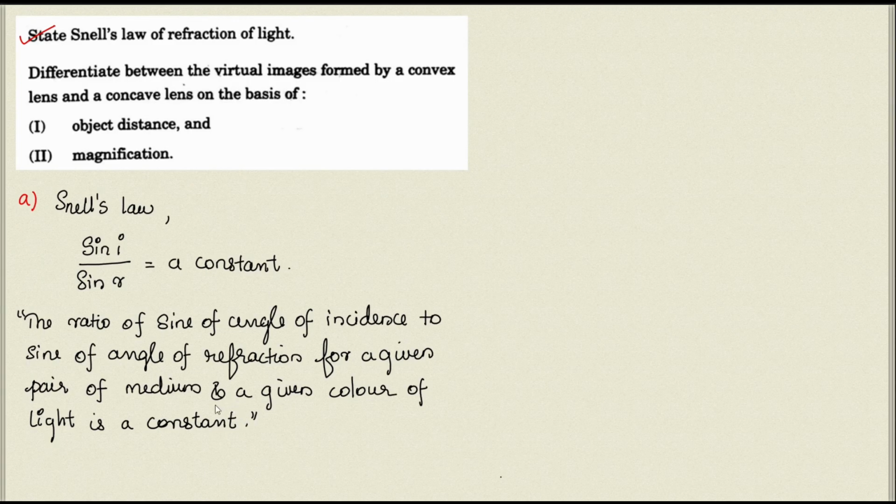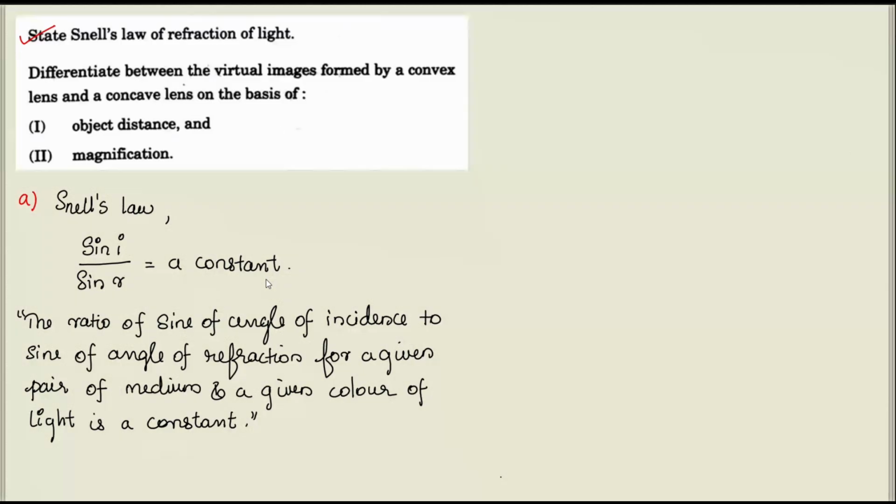Now, what does it mean by a given pair of media and a given color of light? If we consider red light, refraction of red light through the glass slab will give a particular constant value. If we consider green light, it will give another value. If it is blue light, it gives another value. That means as the color of the monochromatic, single-colored light changes, this constant value also changes.